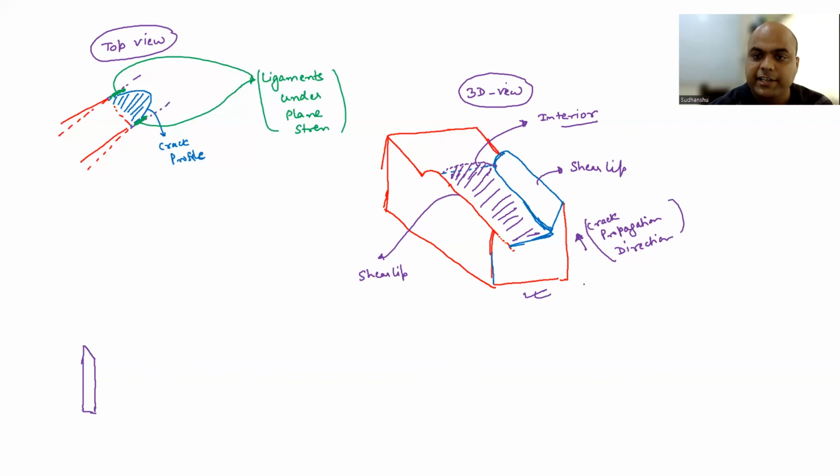On the 3D view, if you see from the front, you are going to observe a section like this. So you are seeing the front view. You are looking from this side, so your eye is here. Okay, so this is your shear lip or slant surface, a slant face.